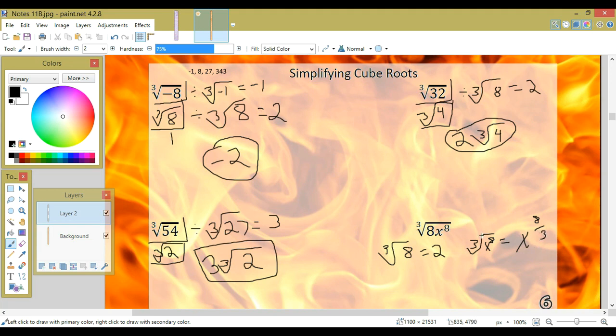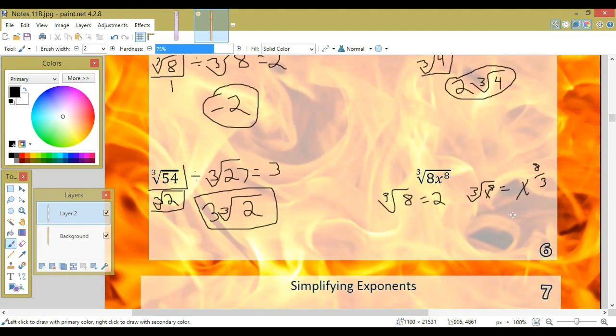The denominator will always be whatever number this is. If there's no number there, we assume it's a 2. 3 goes into 8 2 times without going over. And 2 times 3 is 6. 8 minus 6 is 2. So our remainder is also 2.